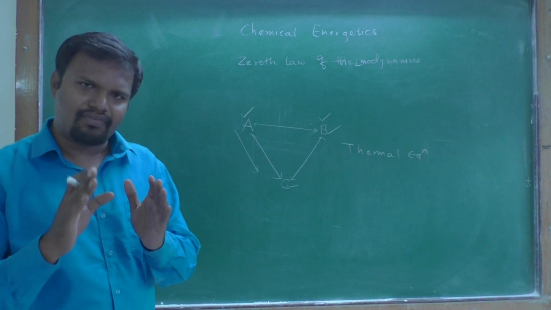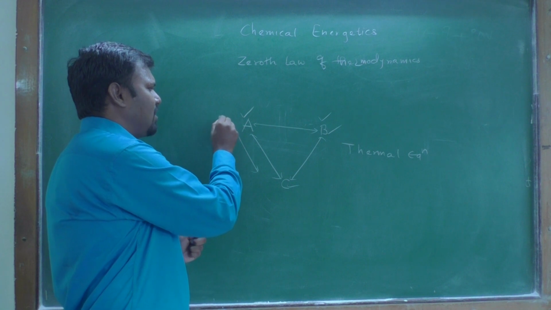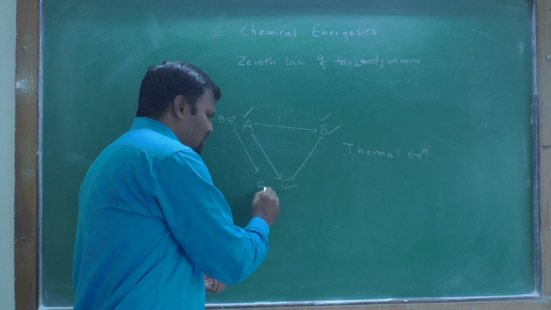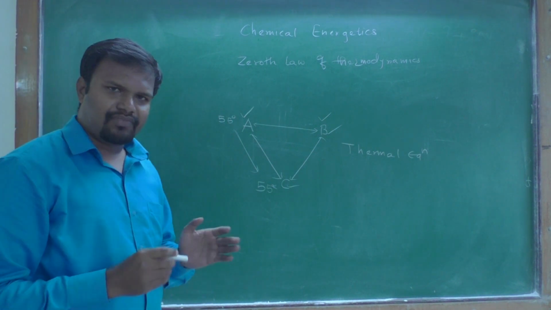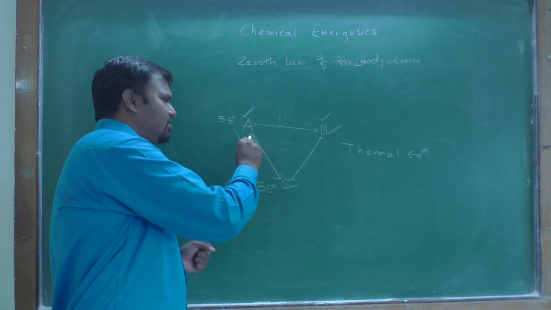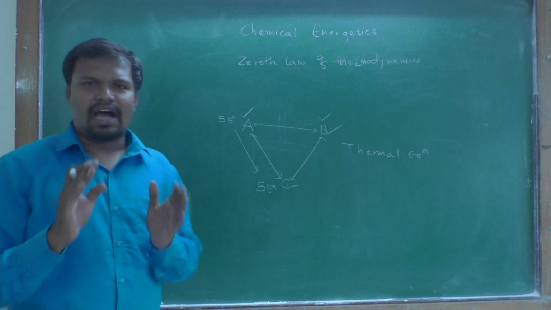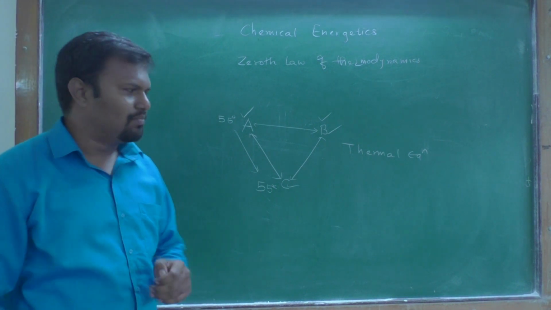For example, for the sake of convenience, if A has a temperature of 55 degrees Celsius, it means C is also at 55 degrees Celsius. Therefore there is no heat transfer from A to C because both are in thermal equilibrium with each other. Both have the same temperature.